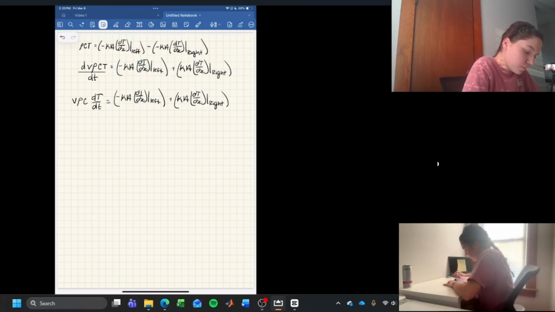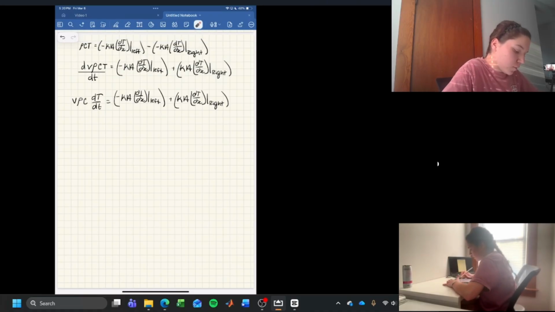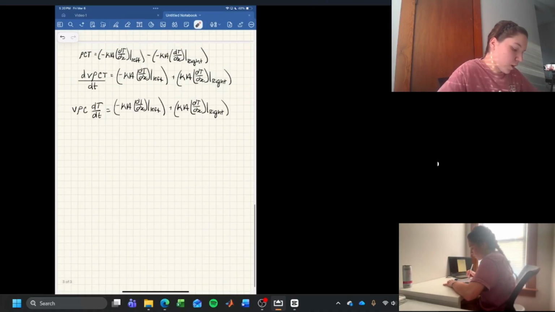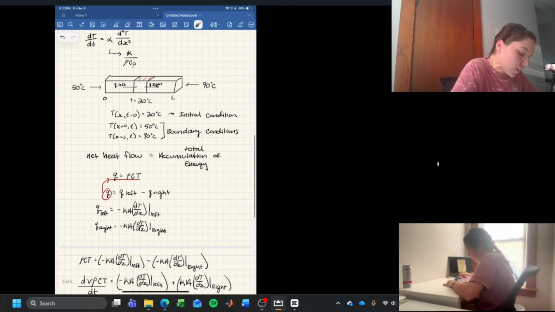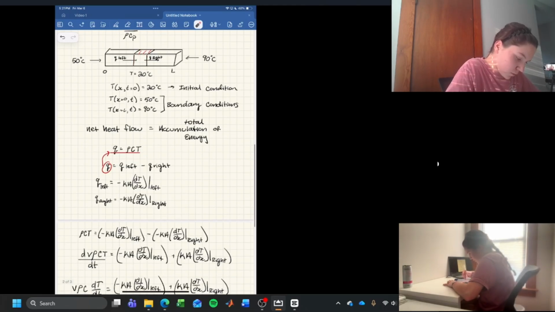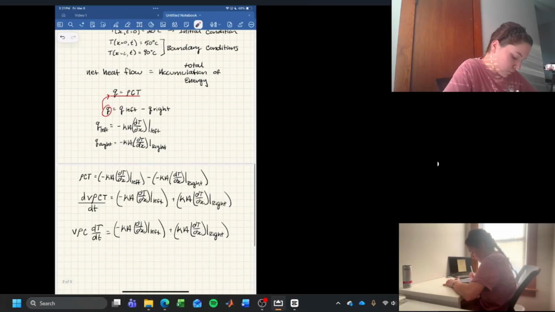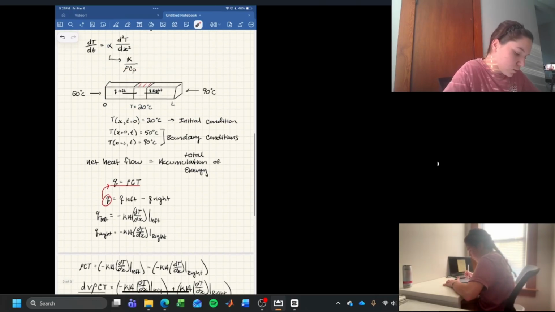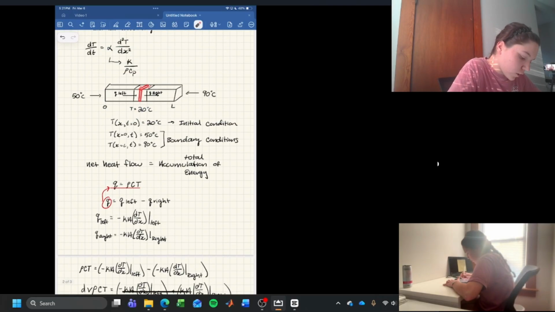And then if we look back up at the drawing, the volume that we're really focusing on for this equation is this right here. So this volume is going to be equal to the cross-sectional area right there times this change in position of this box.